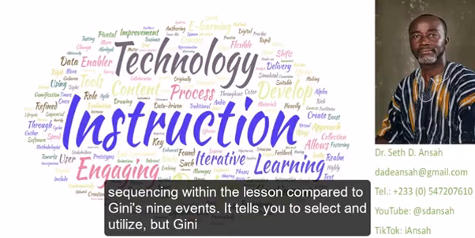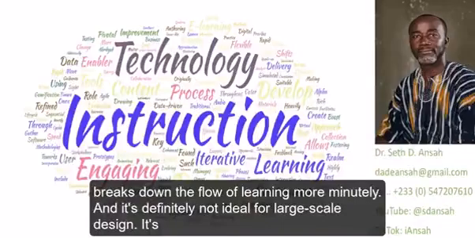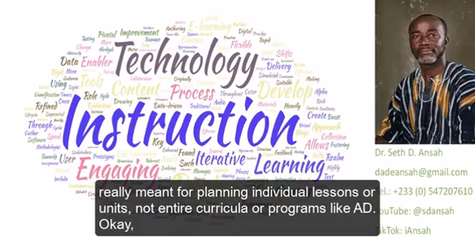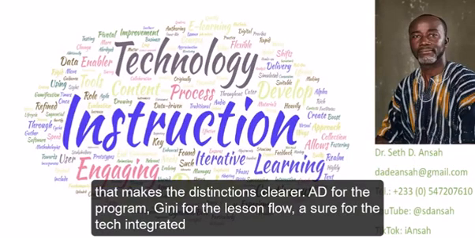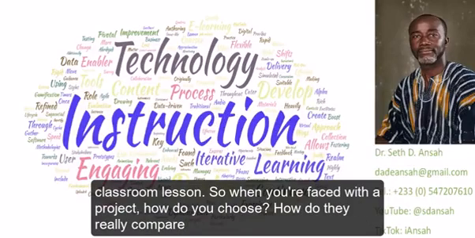It tells you to select and utilize, but Gagne breaks down the flow of learning more minutely, and it's definitely not ideal for large-scale design. It's really meant for planning individual lessons or units, not entire curricula or programs like ADDIE. Okay, that makes the distinctions clearer. ADDIE for the program, Gagne for the lesson flow, ASSURE for the tech-integrated classroom lesson.